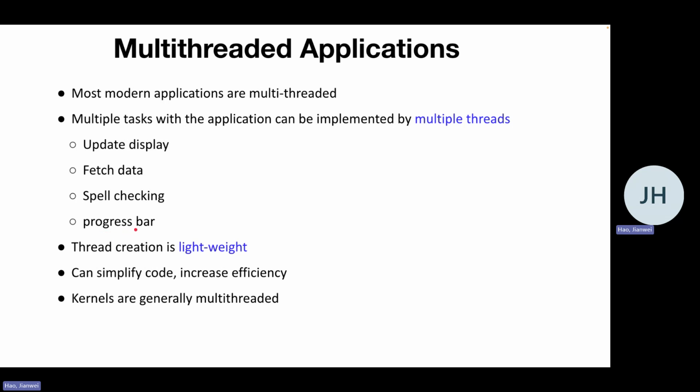When working in the background, the progress bar is also working at the same time. And thread creation is lightweight, especially compared to process creation. And it can simplify the code and increase the efficiency. And the kernels are generally multi-threaded.